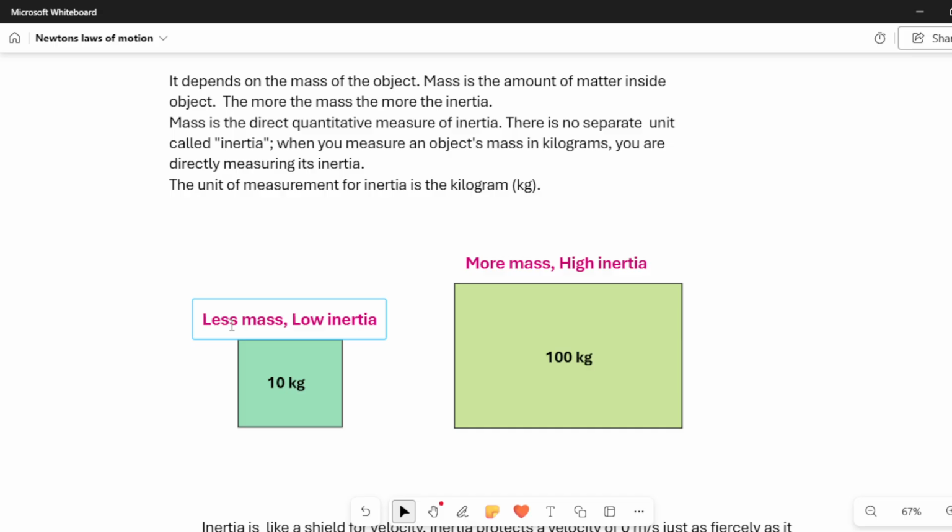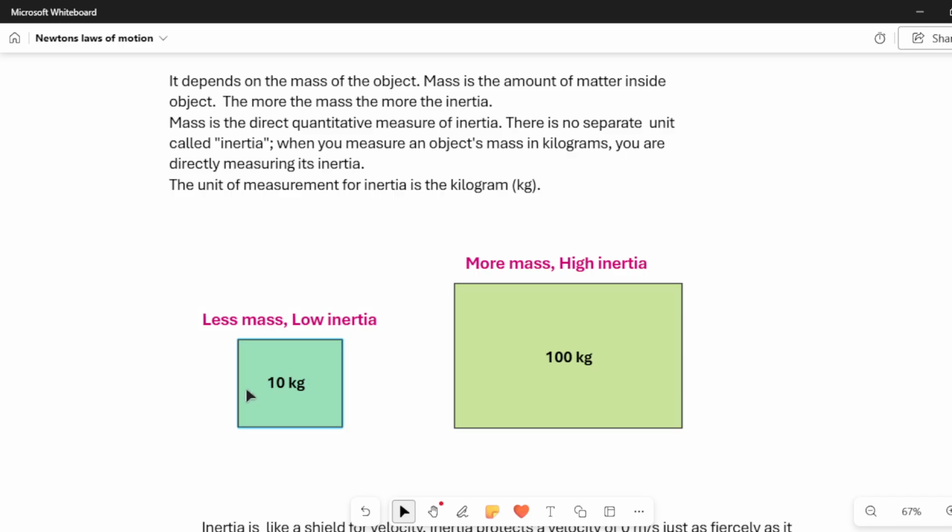So as I told, the inertia is dependent on mass. So if you increase the mass, the inertia, which is nothing but the resistance to change by this object, will also increase. So more mass, more inertia. Imagine, is it easier to move a 10 kg block or a 100 kg block? The 10 kg block will be easier because it has low inertia. How does it have low inertia? Because it has less mass.